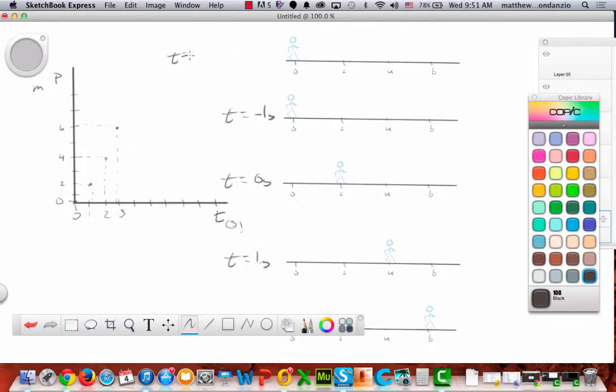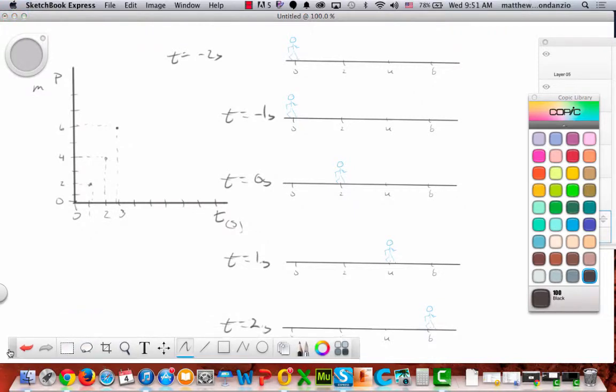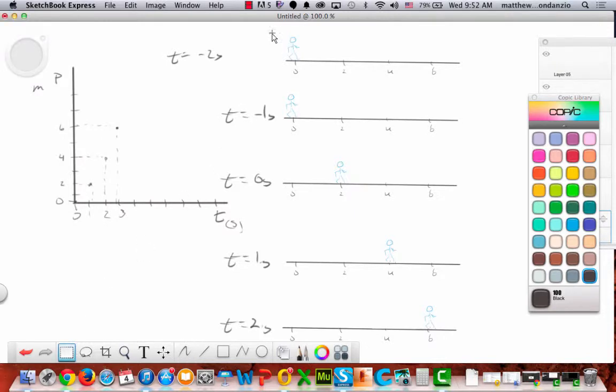At time equals -2 seconds, where is he? What's his position? Look at the pattern. Where is his next position going to be? At -1 second he's at 0. Okay, he's going to be at -2.